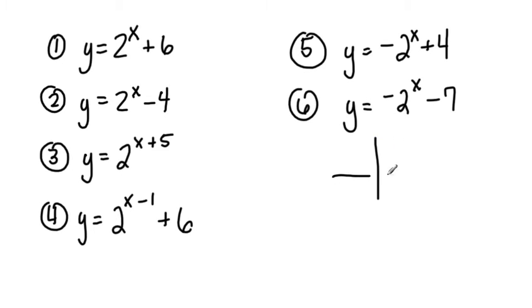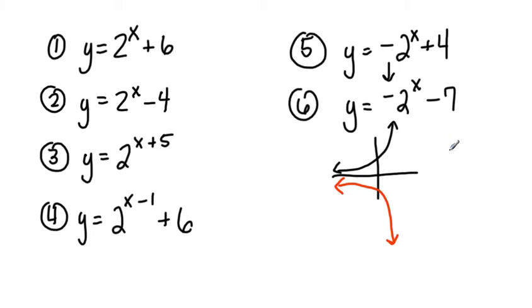So the first thing you should think is that exponential y equals 2 to the x looks like this. What does that negative do? Makes it flip down. So now my new one is going to be here. Does that make sense? You have to draw both those lines. What does the negative 7 do?